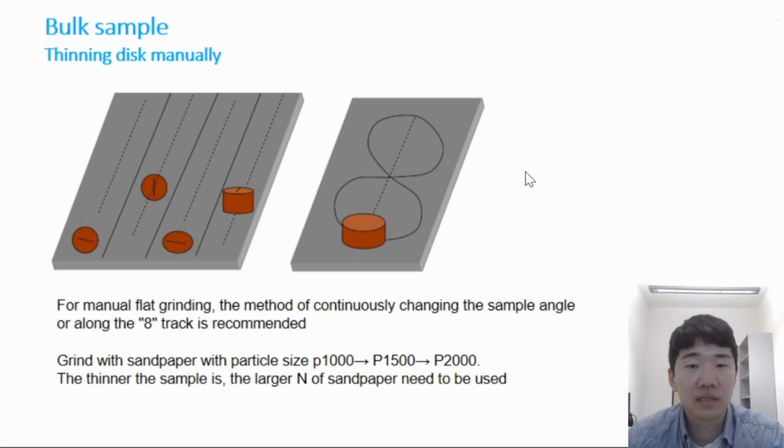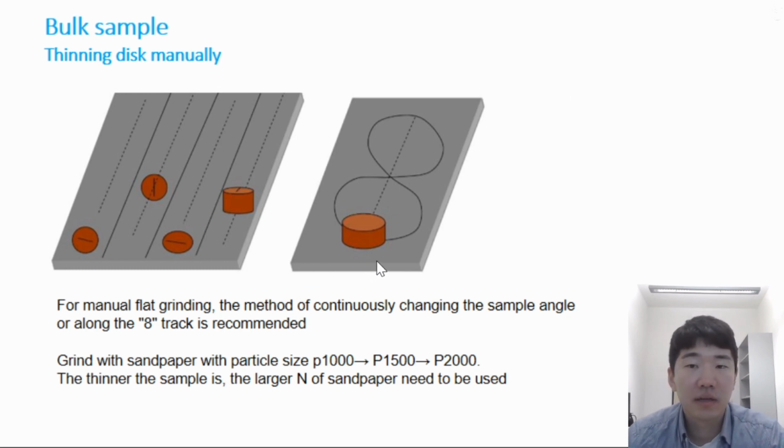If you do this, it is recommended to change the sample sliding angle to reduce preferential thinning. A figure-eight track thinning is quite a good way, because you always thin the sample down while always changing the angles.